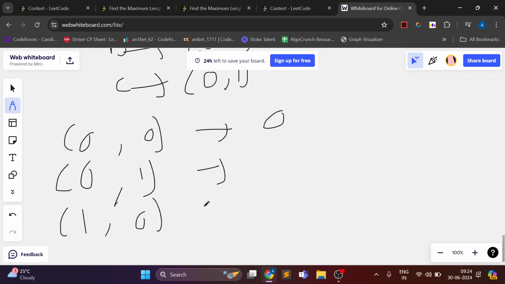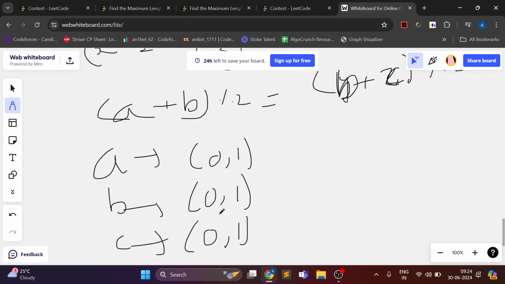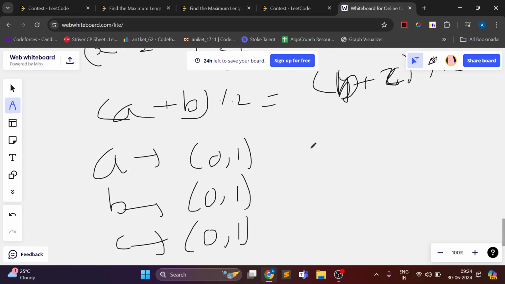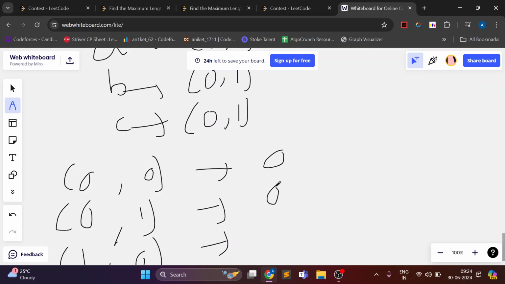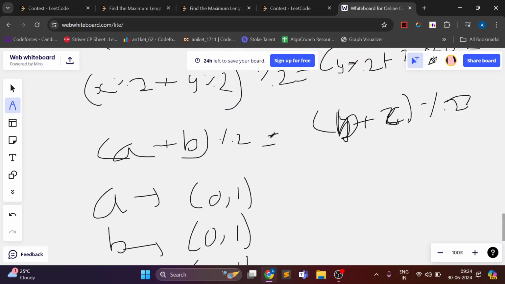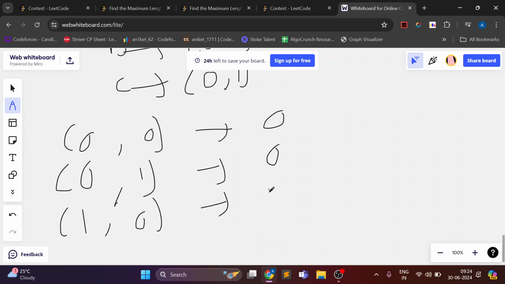For 0 1, 1 would be equal to 1 plus c, so c should be 0. In case of 1 0, c should be 1, and in case of 1 1, c should be 1.